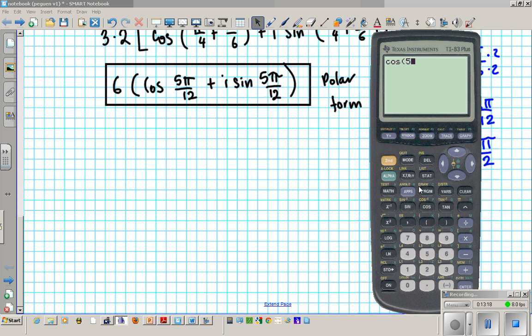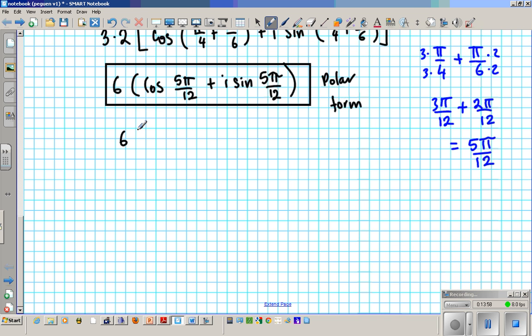Cosine 5 pi over 12, enter, is 0.2588. And then sine 5 pi over 12 is 0.9659.